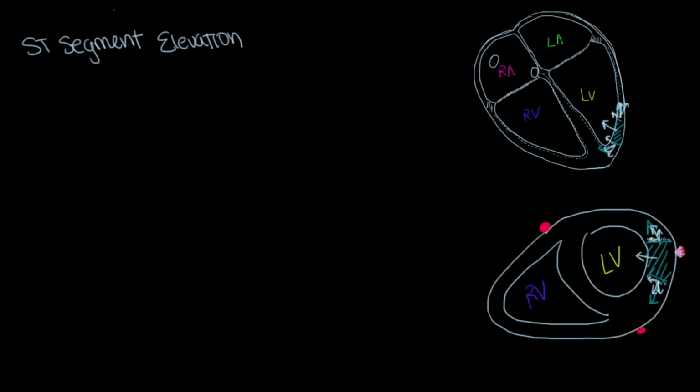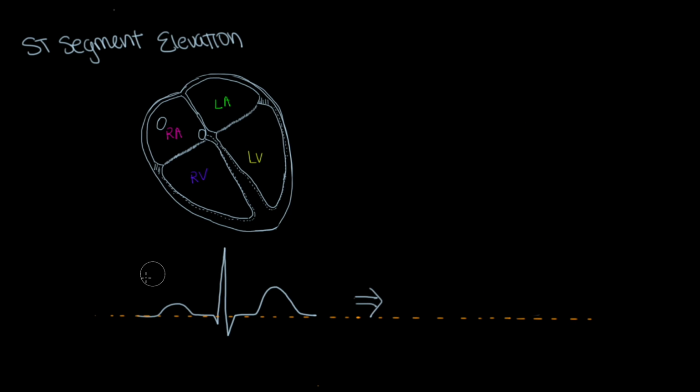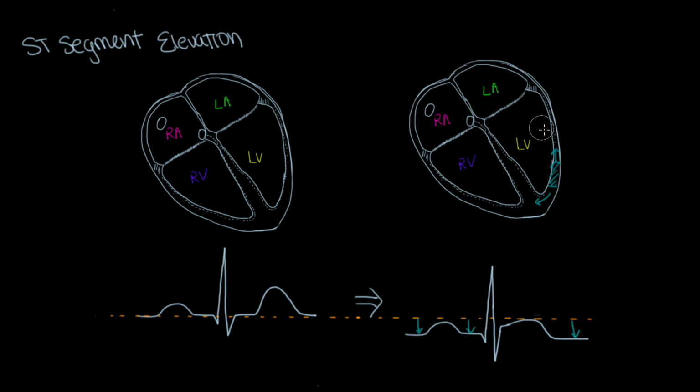Then you may imagine, if you have a normal heart with a normal ECG that looks kind of like this, then if you have a transmural infarction, what you'll end up with is an overall charge vector moving this way. And if you have an ECG lead, such as lead 2, that is detecting what vectors of charge are moving in this direction, then the overall charge vector of the ischemic tissue is persistently going downwards, away from lead 2.